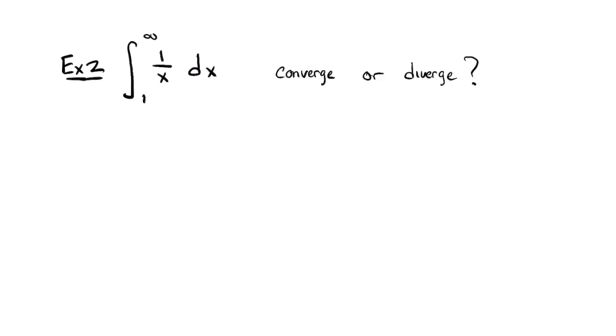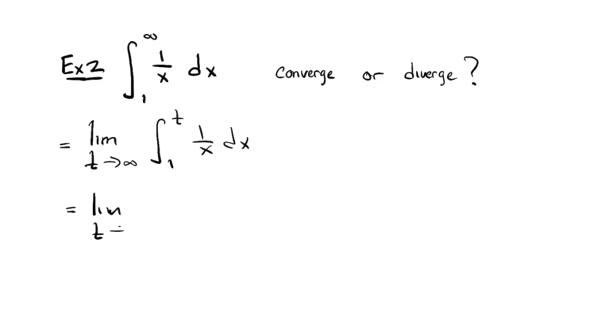I've got the integral from 1 to infinity of 1 over x dx. Our definition says that's the limit as t goes to infinity of the integral from 1 to t of 1 over x dx. That's the limit as t goes to infinity of an antiderivative for 1 over x, the logarithm, from 1 to t.